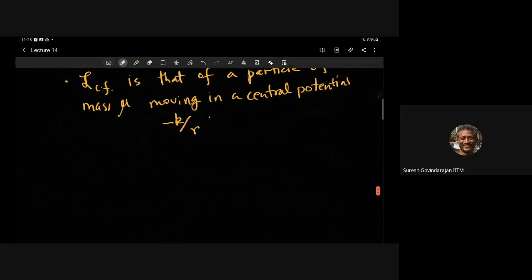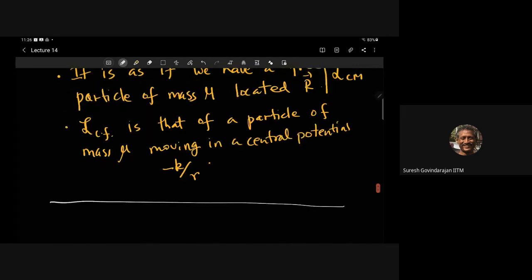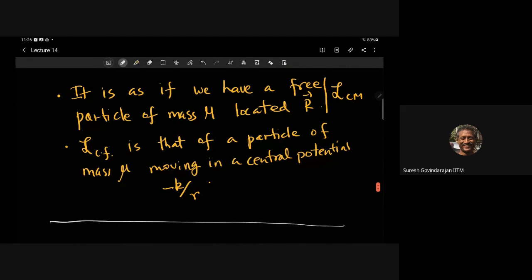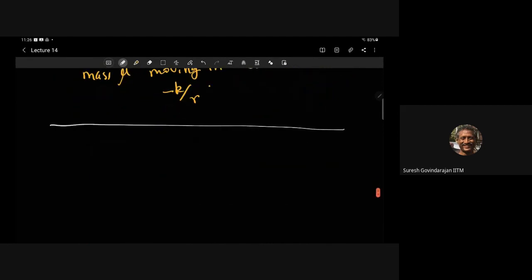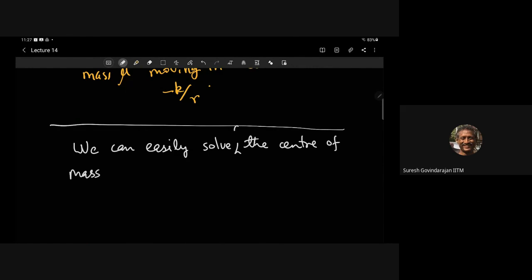Okay, so we can quickly dispose of the free particle thing. We can easily solve the center of mass problem, or solve for the equations, is what I would say. We can easily solve the equations for R. The equation is simple.